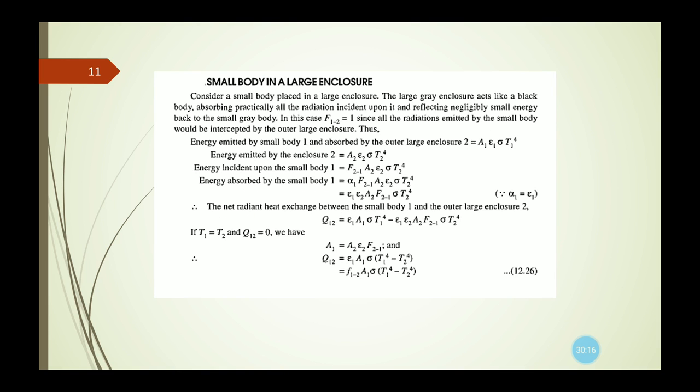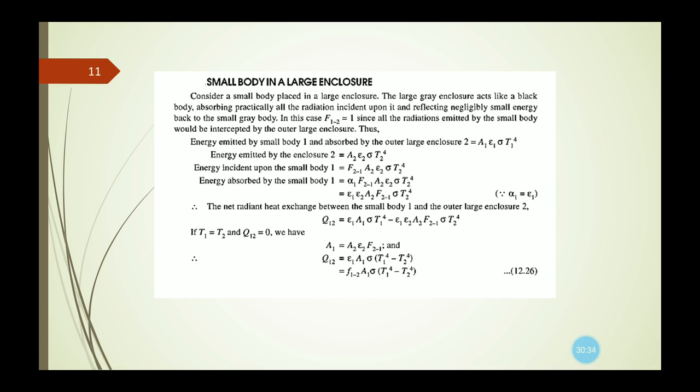So let us discuss the next derivation, which is the small gray body in the case of a large enclosure. Now, let us consider a small body which is placed in a large enclosure.